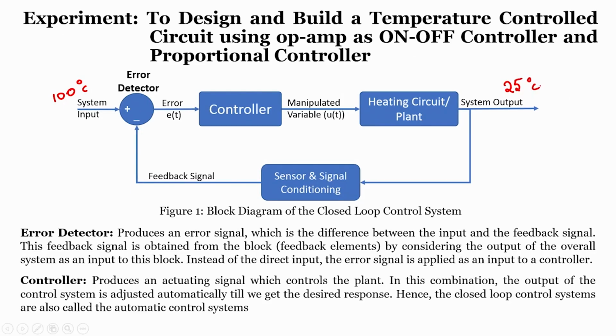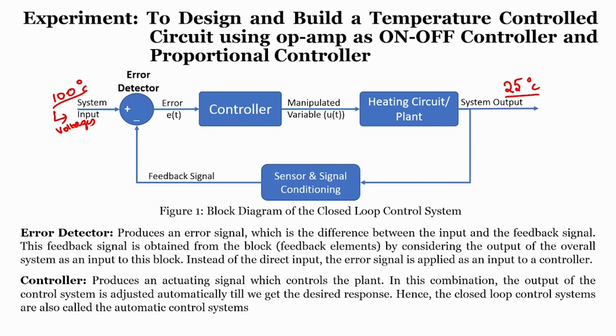Now the temperature of the plant is 25, but the required temperature is 100 degrees centigrade, which are not matching. Moreover, 100 degrees is our understandable temperature unit, but an electronic system does not understand 100 degrees. So, we have to provide the input in terms of voltages.